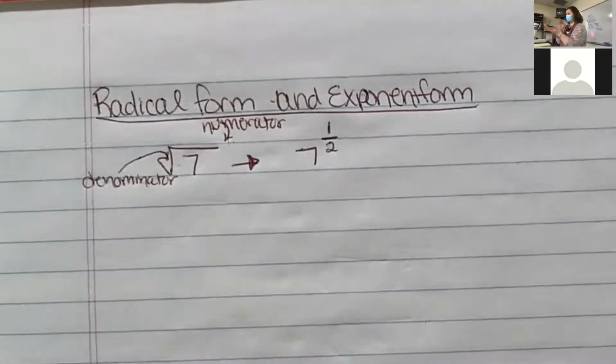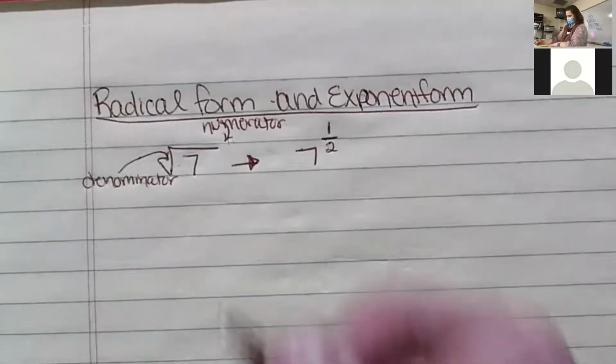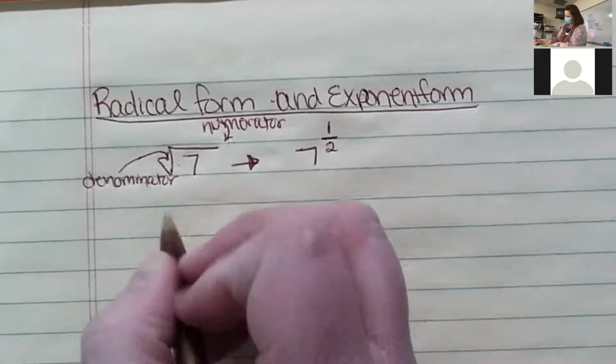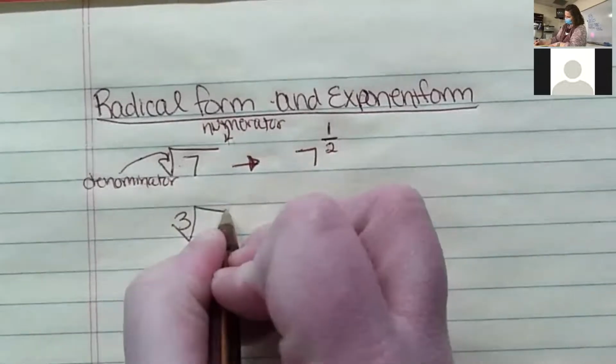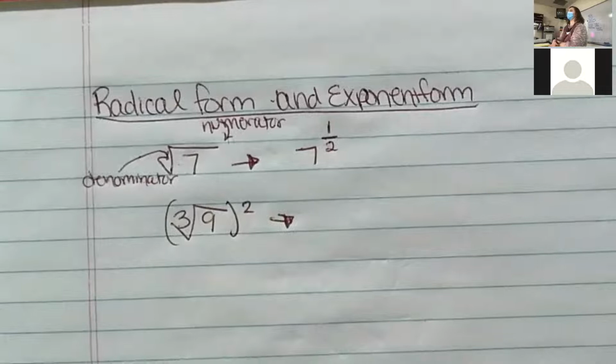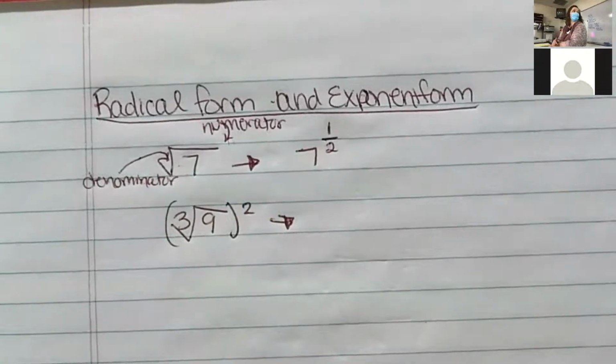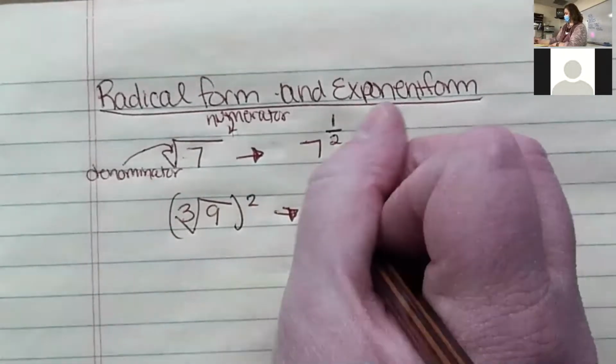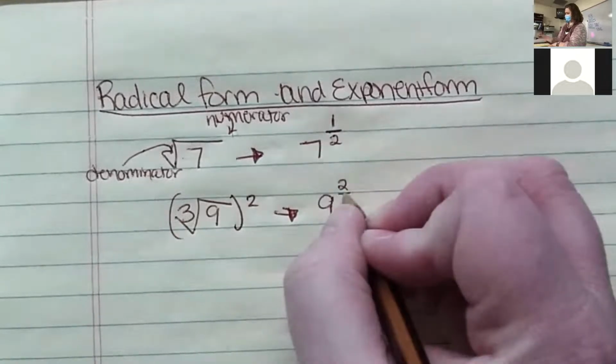Okay, so that's going from radical form to exponent form. So a lot easier when they give you some numbers to deal with. Let's say we have the cubed root of 9 raised to the 2nd power. 9 to the 2/3.